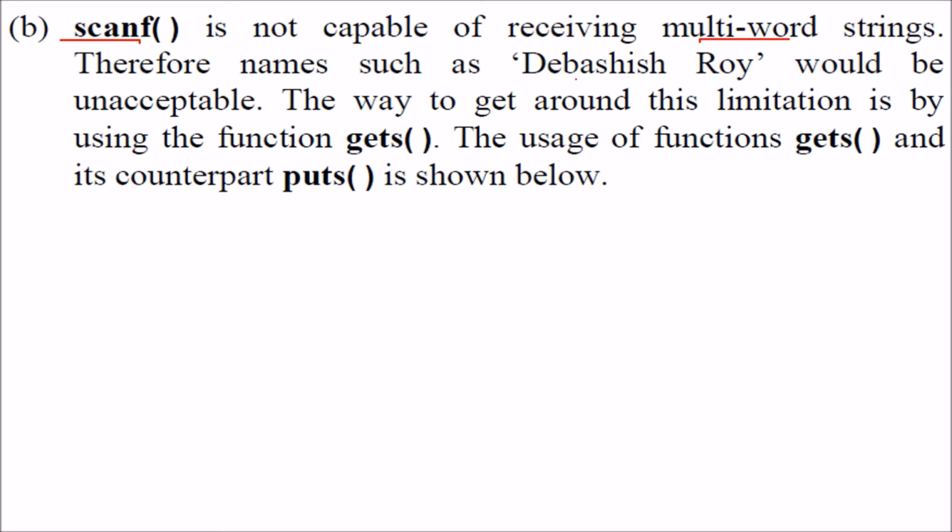This is the catch, because if you say Debashish, then you have a blank here, then you give Roy, only Debashish will be taken and the rest will be discarded, right? So how to get Debashish Roy completely with scanf? You cannot use %s, because it will take only Debashish. Once any white space is encountered, it will ignore everything after that.